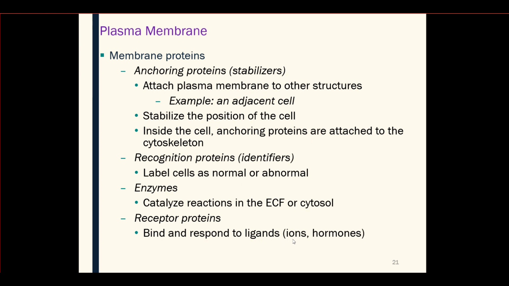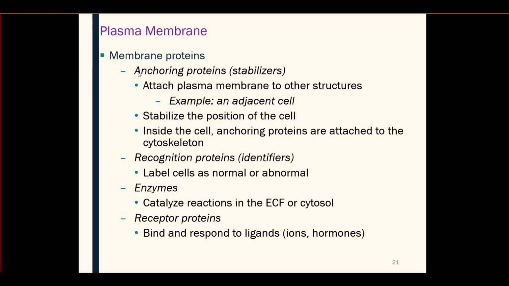It could be an ion, like calcium, or it could be a hormone like maybe insulin. Okay, so there are receptors that receive different substances known as ligands. All right, this is an important part of anatomy, physiology, and even pathology.